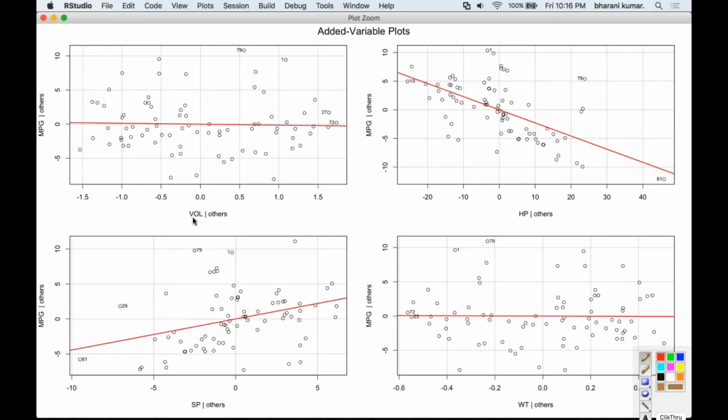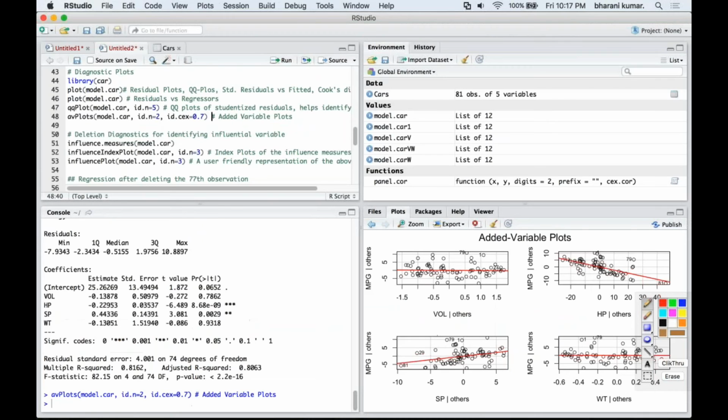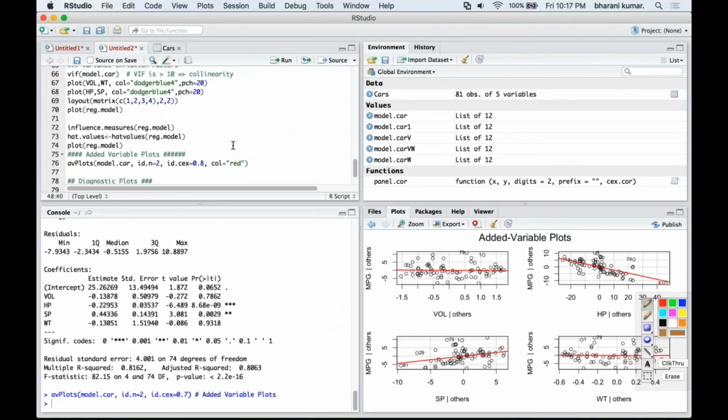However, volume and weight are not showing a lot of influence. But given these two, weight is fairly a straight line in comparison to volume. Volume at least has a slight negative correlation, but for weight against miles per gallon, it's more or less a straight line. So this also is saying go ahead and delete weight. So we can delete the weight and build a model.